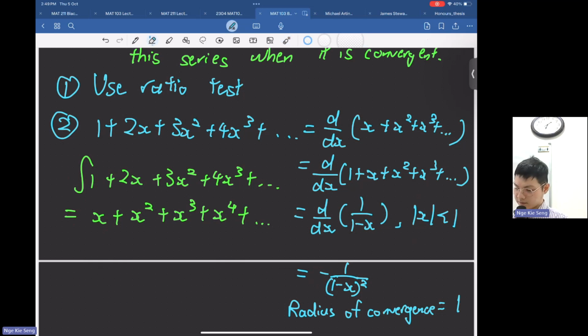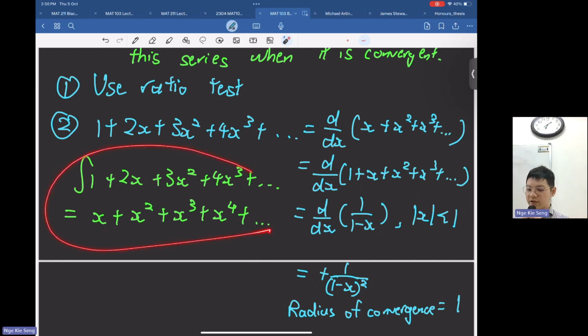Oh, okay, yeah, good. I have a minus, so it's okay. One of them is coming from the power and one of them is coming from the coefficient of x. Okay, chain rule, yes, chain rule.